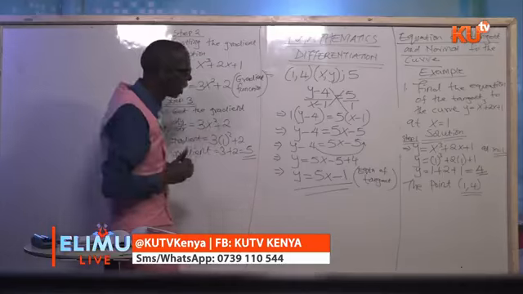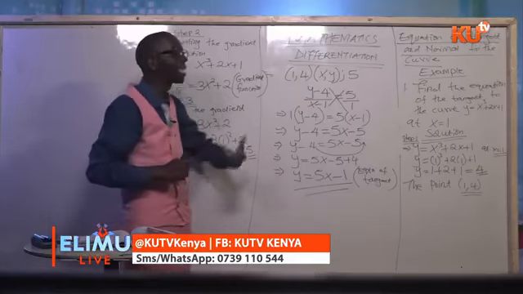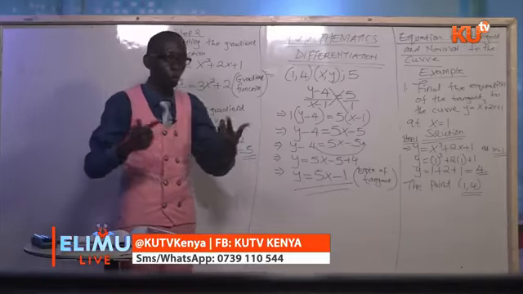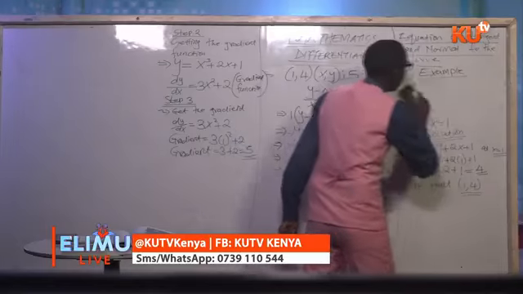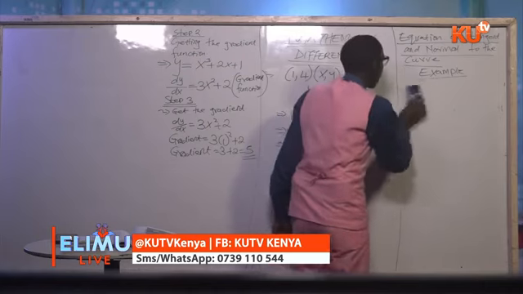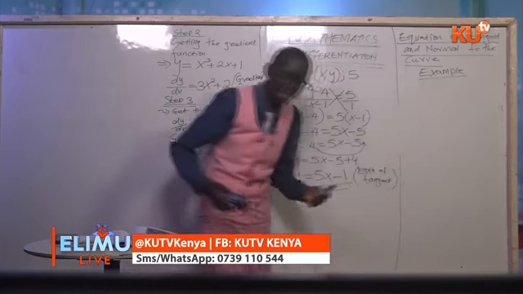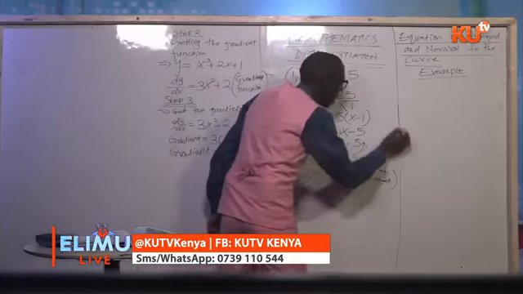Now, my dear student, we're going to have a second example where we are going to get the equation of the normal to the curve. Example 2. Having understood how to get the equation of the tangent, getting the equation of the normal will be very easy.